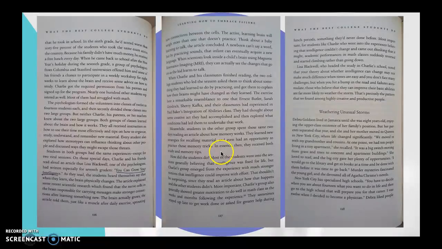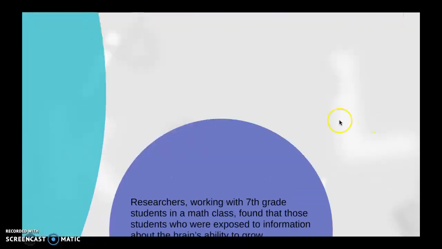And then the main reason I'm paraphrasing this is because I want to highlight the results. So what were those results? Well, we see down here, it talks about Charlie's group showed greater motivation and that also their academic performance reversed and started climbing rather than going down. So of all this information here, I'm going to paraphrase into the following.